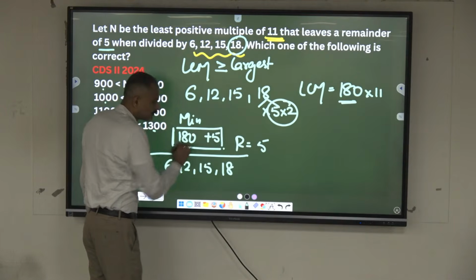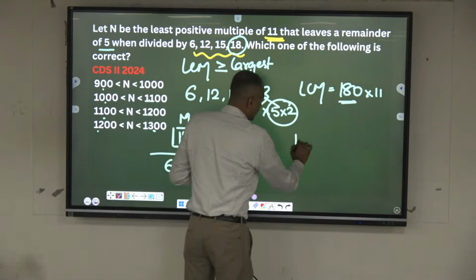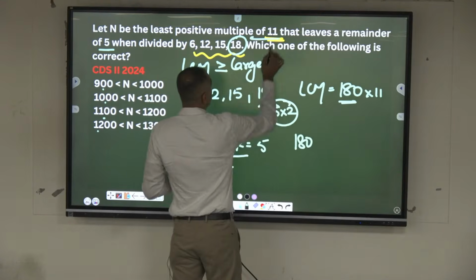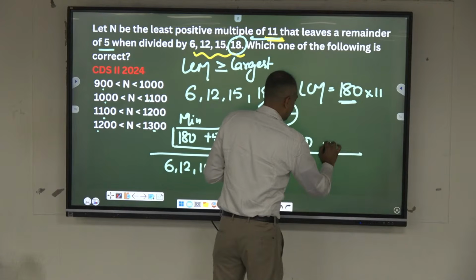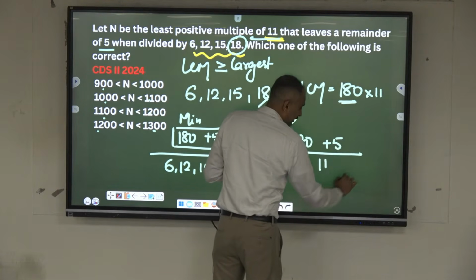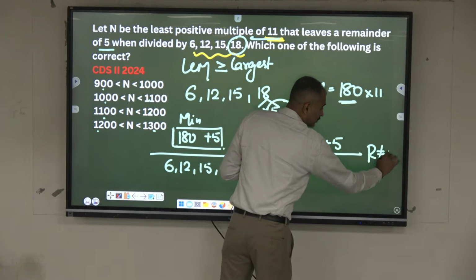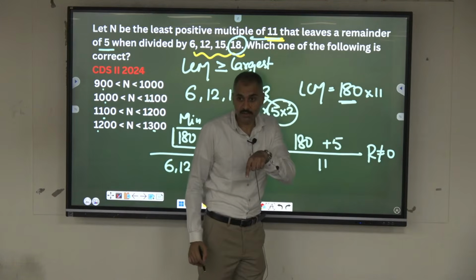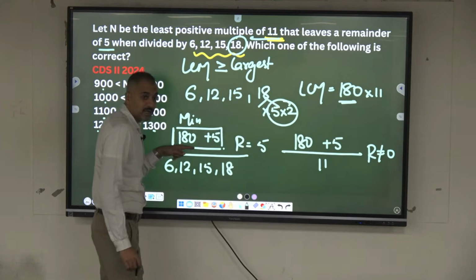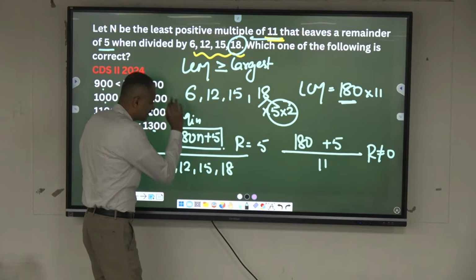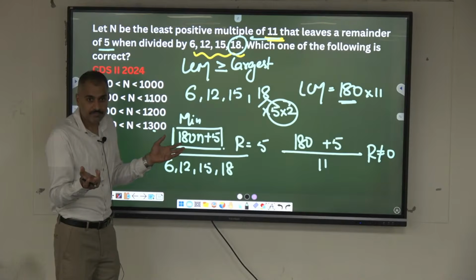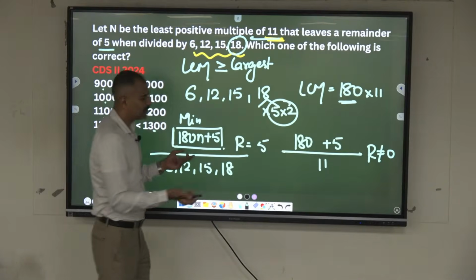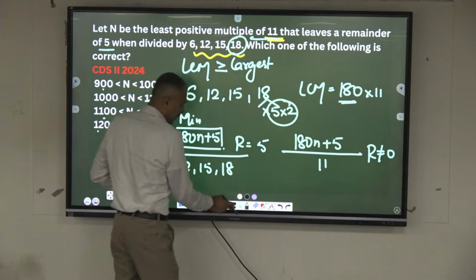But it is a multiple of 11, meaning it has to be divisible by 11. When I check 180 plus 5 by 11, the remainder is not equal to 0, but the remainder has to be 0. Meaning this is not that number. It has to be something like 180n plus 5. That n value can be 1, 2, 3, 4, anything. Getting? We have done very similar questions in the class. Remember?